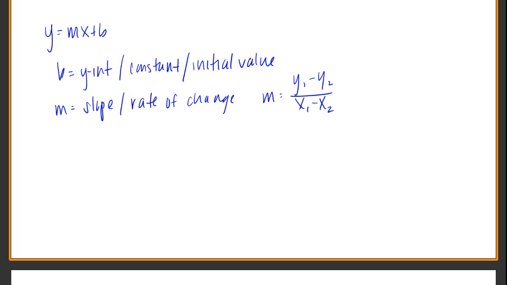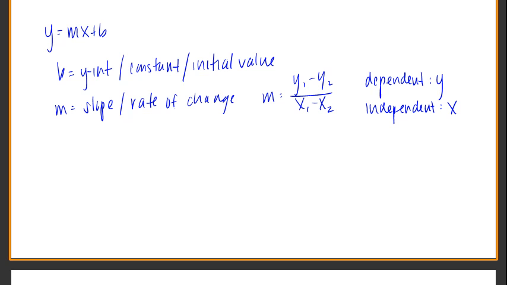The y variables are the dependent variable, and the independent variable is the x's. The x's are set there as a given amount of time. Most of the time in engineering, it's going to be time, in seconds or minutes, something we can't really change. It's like when you start a stopwatch, it's going to run. We can't really affect that.